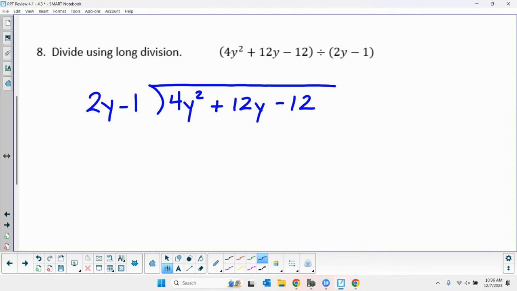You're going to go 4y squared divided by 2y, or ask yourself what times 2y equals 4y squared. Everybody in here knows the answer is 2y. I'm going to take that answer and multiply by both of these, so 2y times 2y and 2y times negative 1.